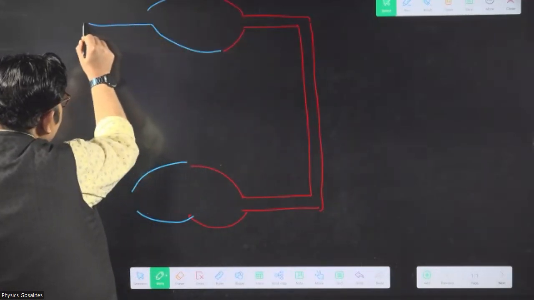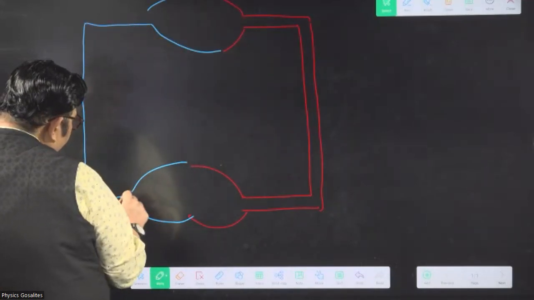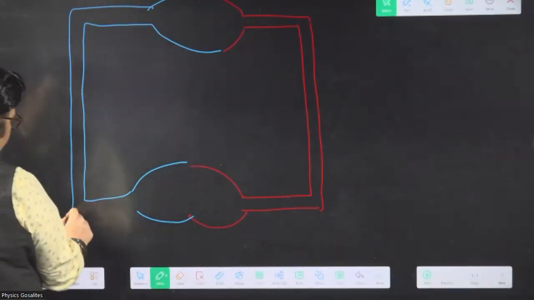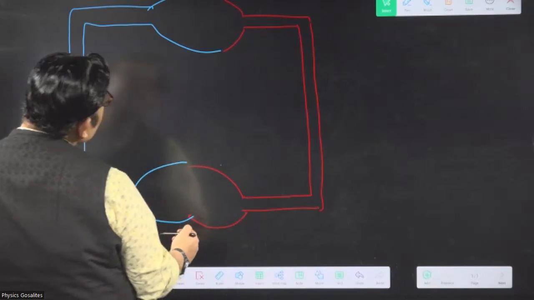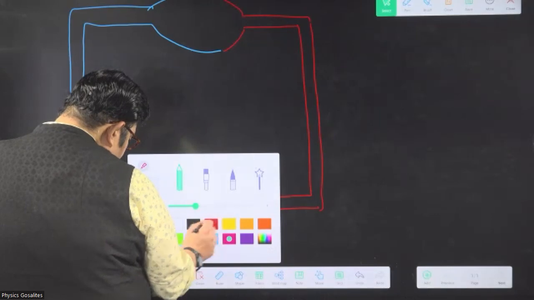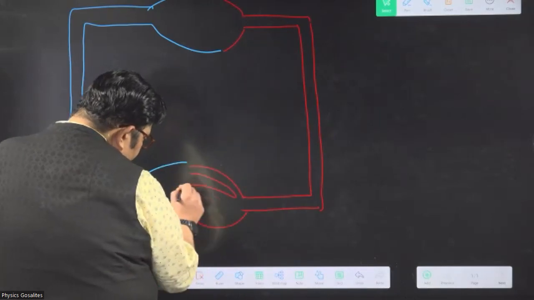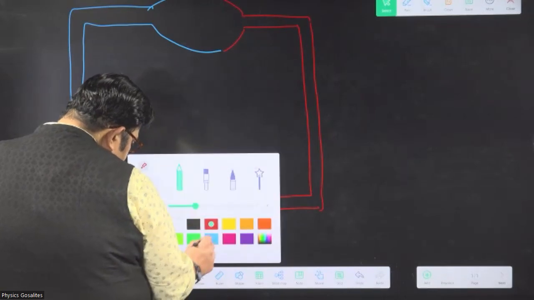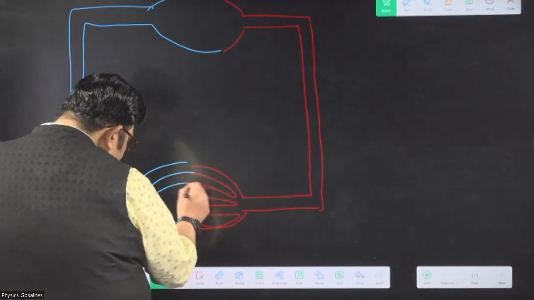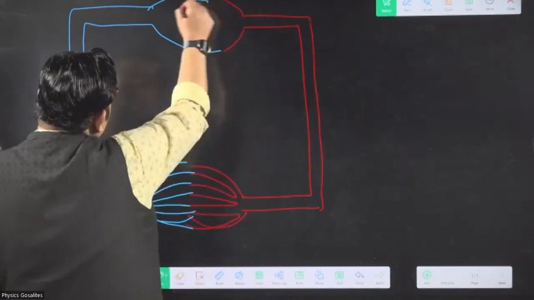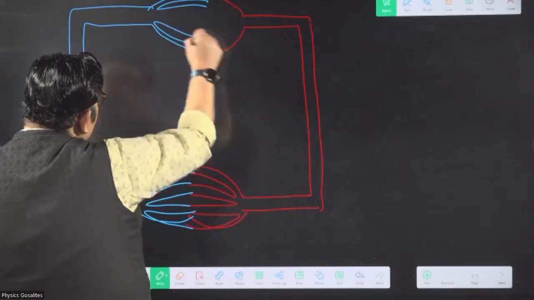So by and large, we can show this by this simple structure. We can show the capillaries, and the venous side of the capillaries.